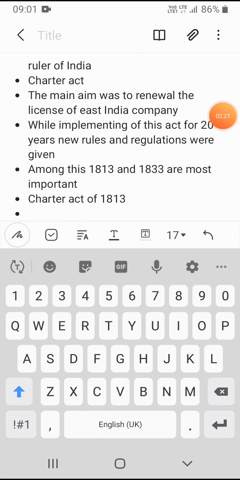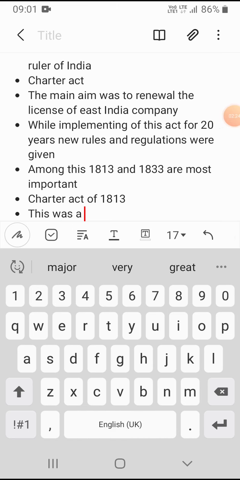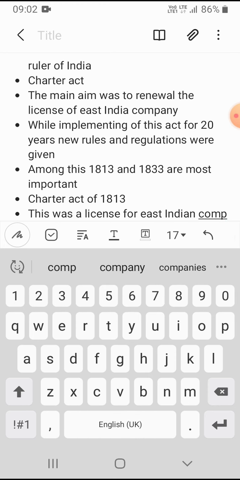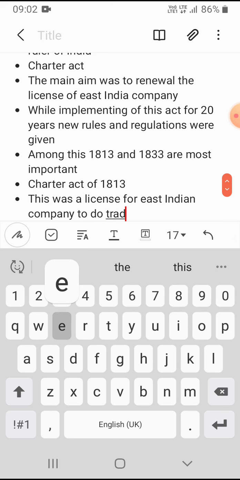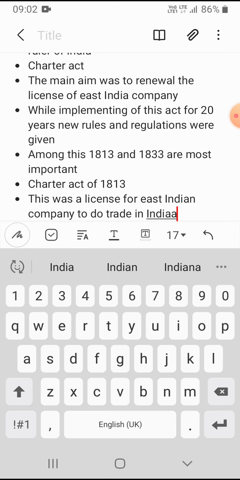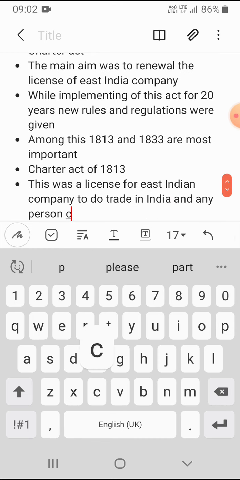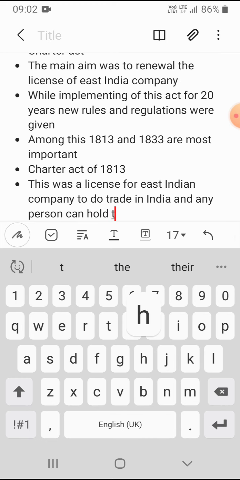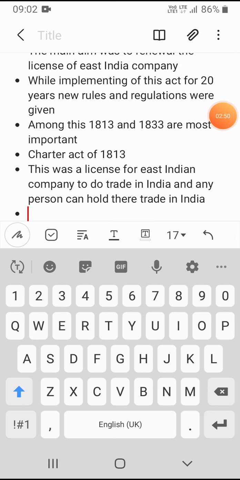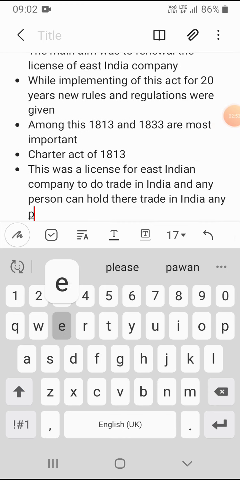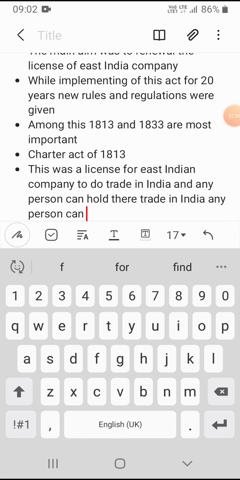This was a license for the East India Company to do trade in India, and any person can do trade in India.